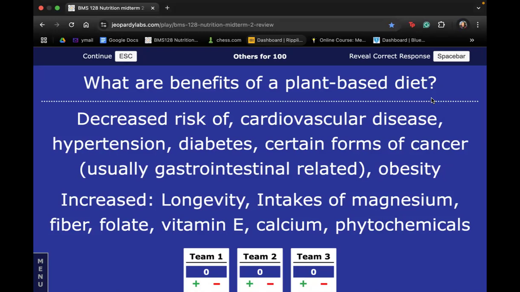But there is one vitamin that's very hard to find in plants, so a lot of plant-based diet consumers supplement it. Do you remember what that is? Is it B? B12. And B12 is important, you're gonna find out later, because it helps maintain your myelin sheaths in your nerves so your nerves keep functioning.